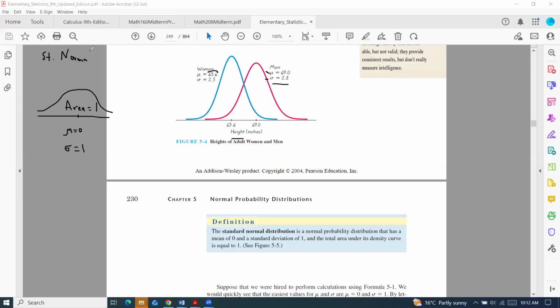That's a convenience given to us by calculus, and we will discuss this today. So the standard normal distribution is the one that has mean equal to 0 and standard deviation equal to 1. One can say that's not realistic in real life, since mean and standard deviation are all kinds of numbers, definitely not 0 and 1.